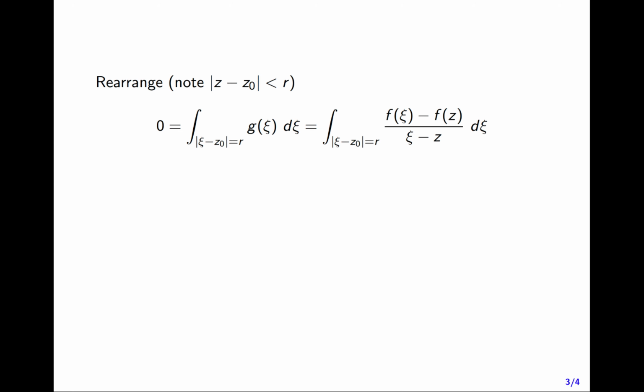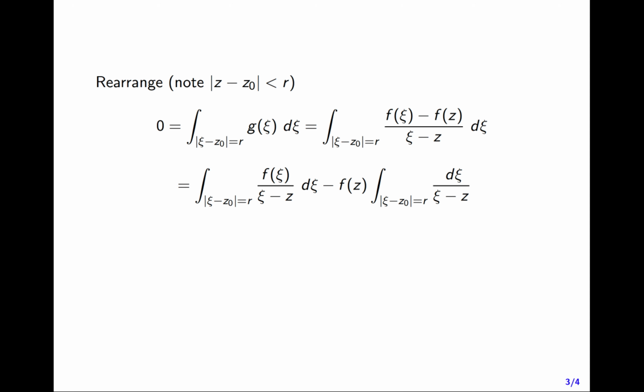And now let's just do a little algebraic rearrangement here. I'll separate the integral into a difference of two integrals. The first integral will be the integral over the circle of f of c divided by c minus z. The second integral, I'll do the subtraction. My integrals here all depend on c, so f of z is constant. So I'll pull that f of z out, and I have now minus f of z times the integral over the circle, dc over c minus z.